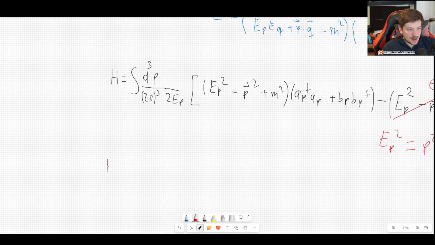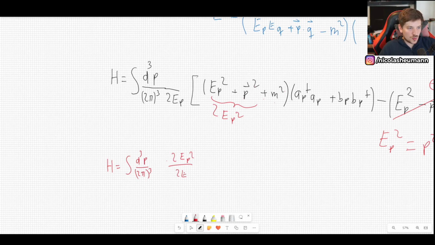So now we have Hamiltonian is, well, d3p over 2 pi cubed. And here also let's use that same thing. So since EP squared is p squared plus m squared, this thing is simply 2 times EP squared. So we have 2EP squared over 2EP, and then we get AP dagger AP plus BP BP dagger.